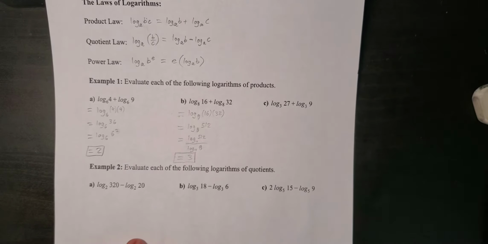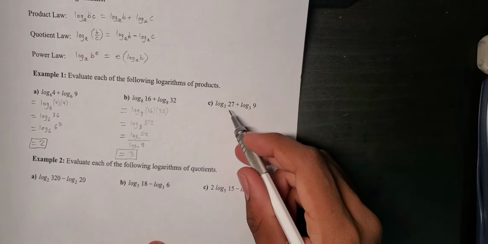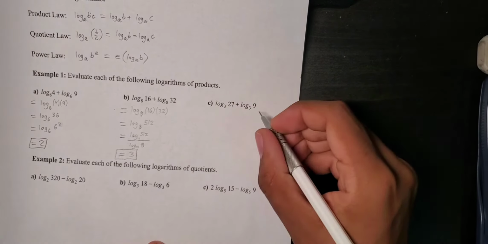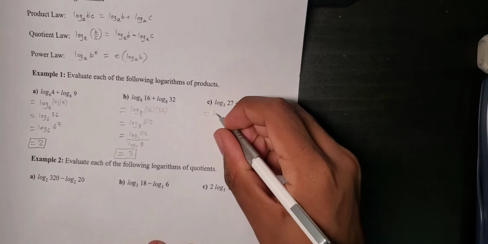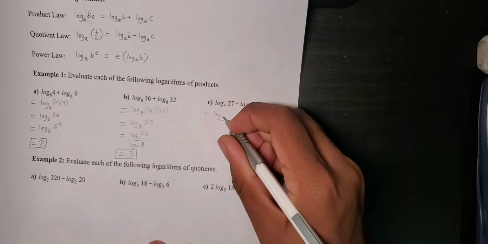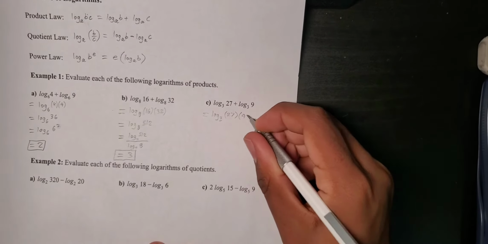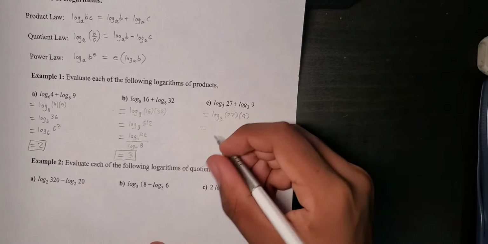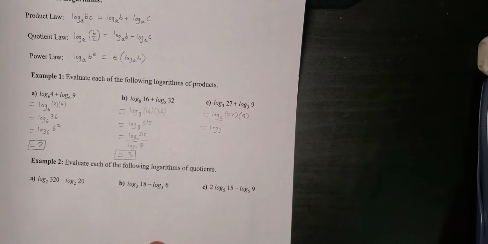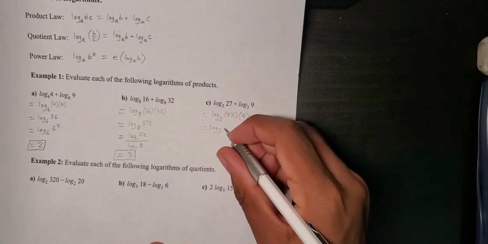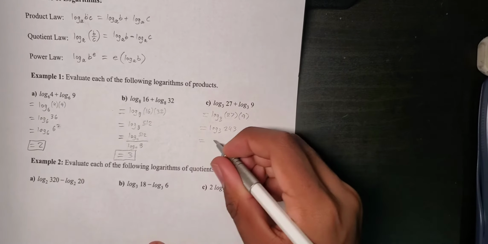The next question. The log of 27 plus the log of 9 at base 3. As we know now, it is equal to 27 times 9, which makes it 243. So we're using the same method as before.